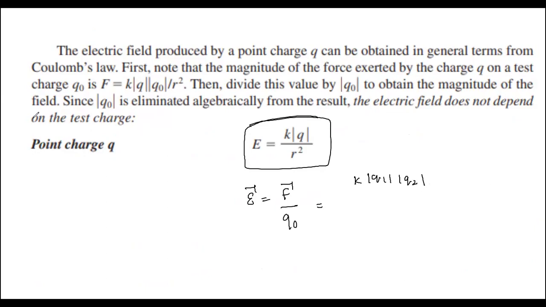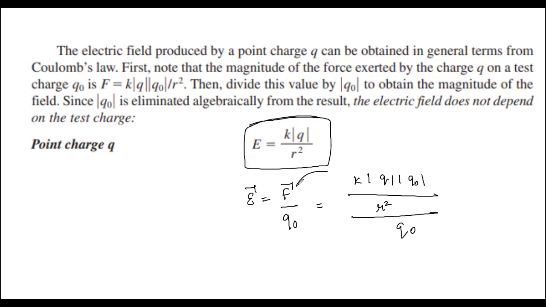Instead of using Q1, Q2, because here we are using a point charge Q and a test charge Q naught, I'm just using those, upon R square, upon Q naught. This is what we got so far, right?